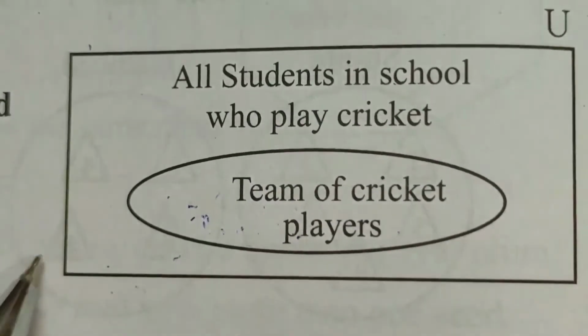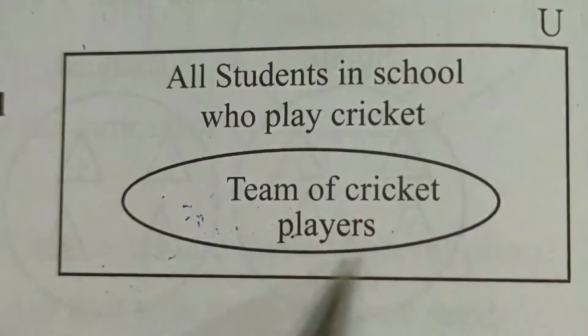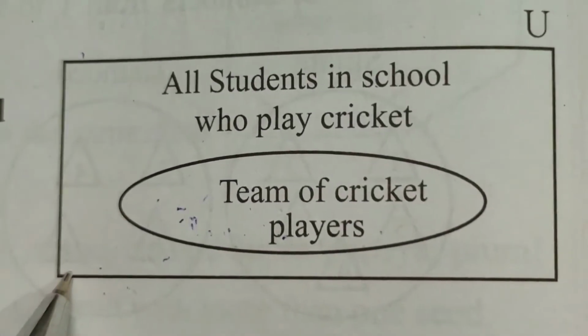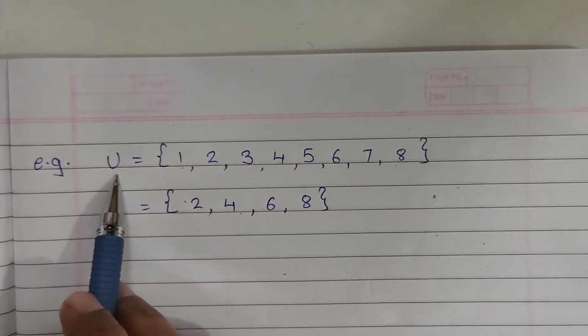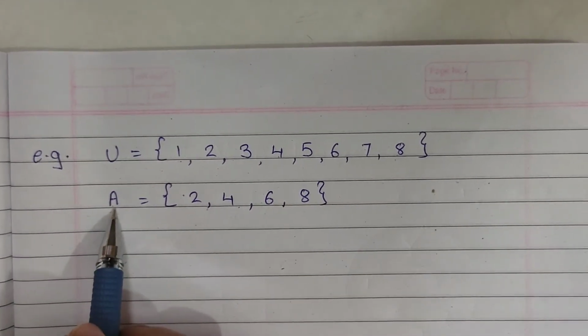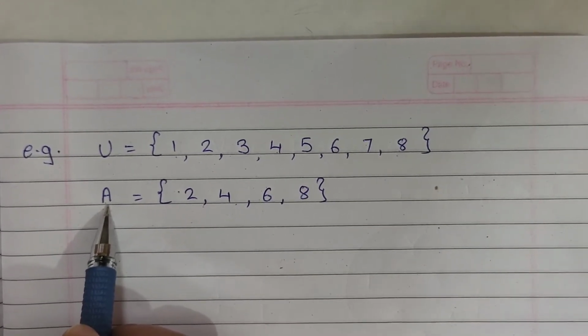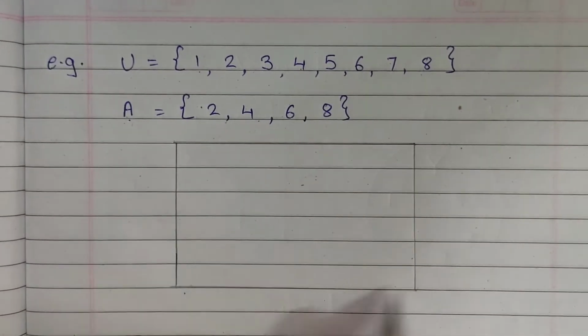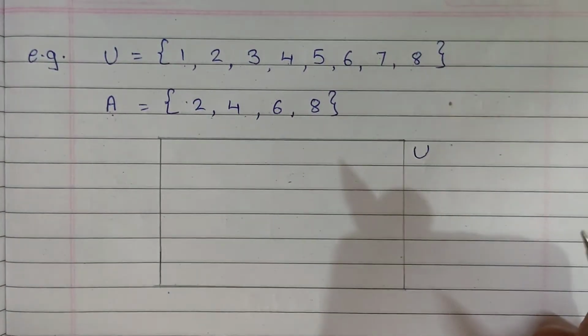Generally the universal set is denoted by U, and in a Venn diagram it is represented by a rectangle. Let's see one more example. Here I have a universal set and its subset A that I want to represent through a Venn diagram. So first we will draw a rectangle which will represent the universal set.